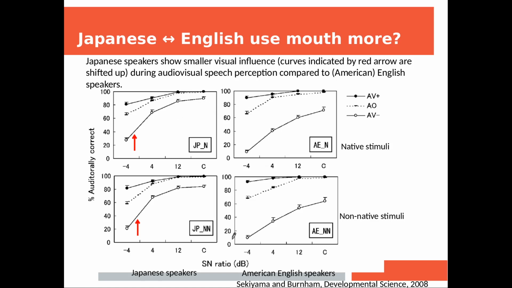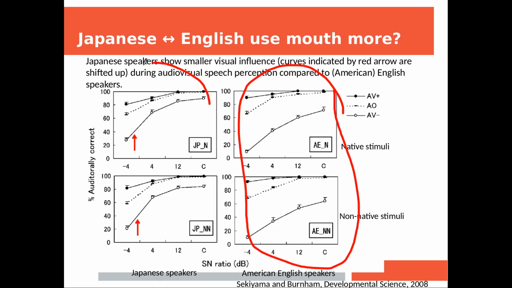So here is showing American English native speakers or Japanese native speakers, and basically this is showing the number that they got correct saying what sound was said.